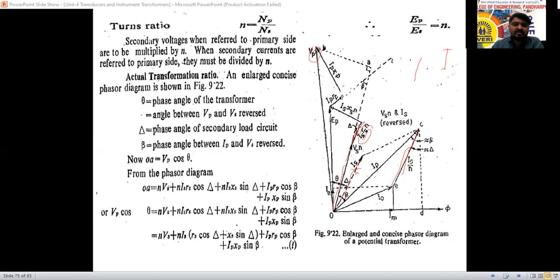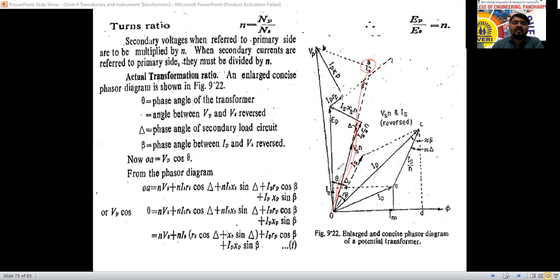Now for the inductance, it is 90 degrees again, that is IS into XSN. Next, from the primary we start IPRP, and next the primary IPXP. So what we have to find out is the OA value, the total OA value.